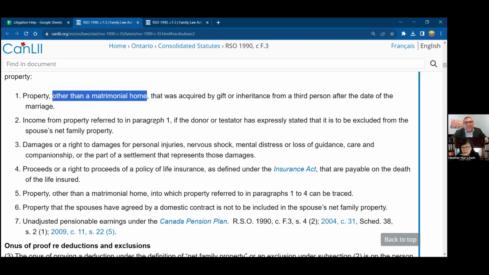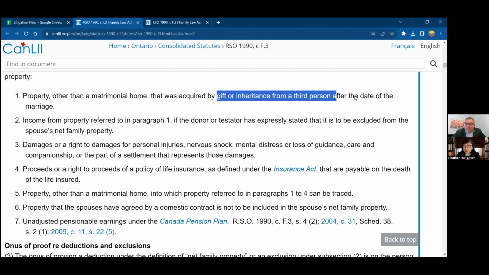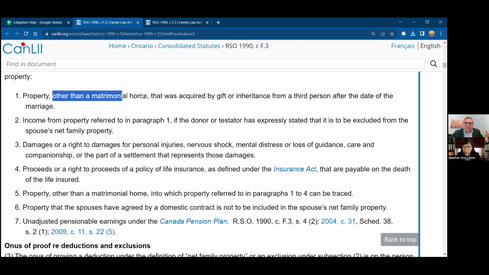So this is the exception to the exception. Even though that property exists on the date of separation, and it was acquired by gift or inheritance from a third party after the date of marriage, and it's truly his property, all those other necessities are there. Just because it's inside something called a matrimonial home, you lose the excluded property.